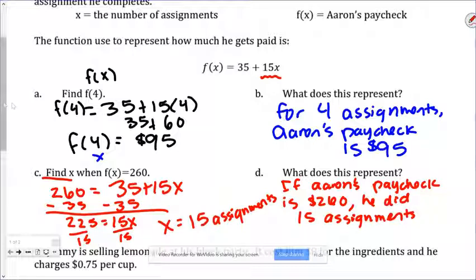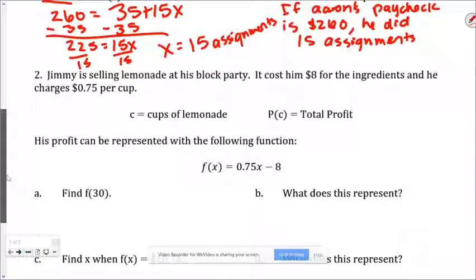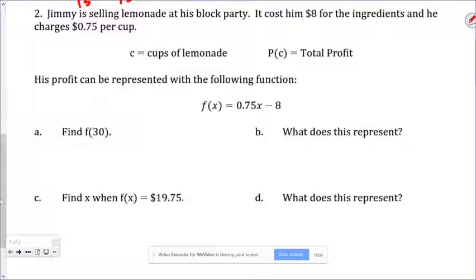We're going to do number 2 here as well on the front side. Okay, so we have Jimmy is selling lemonade at his block party. It costs him $8 for the ingredients, and then he charges 75 cents per cup. So C is the number of cups of lemonade. P of C, that's our total profit. So his profit can be represented with this function.